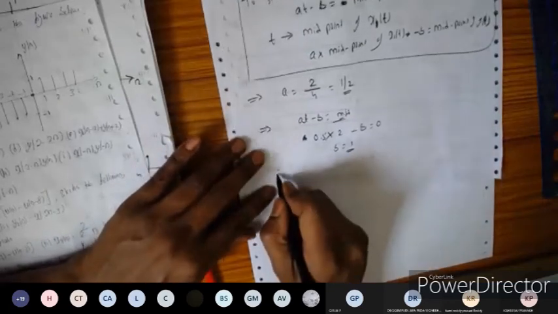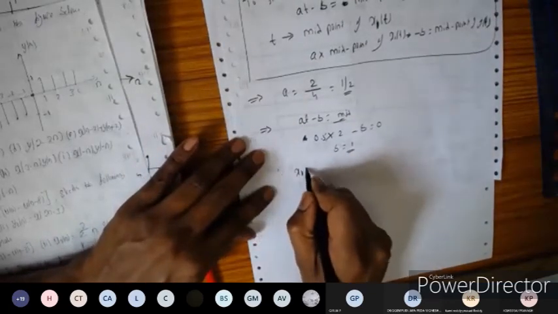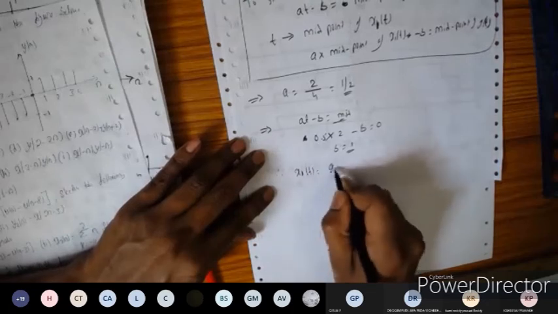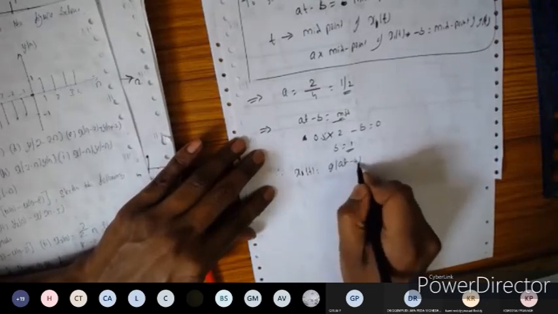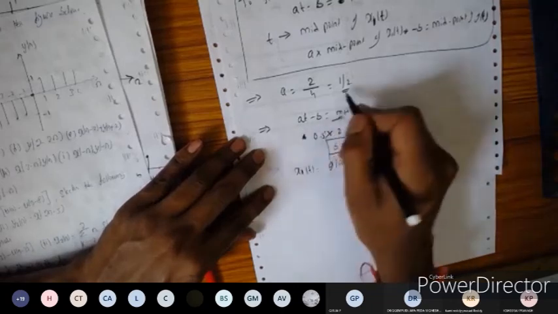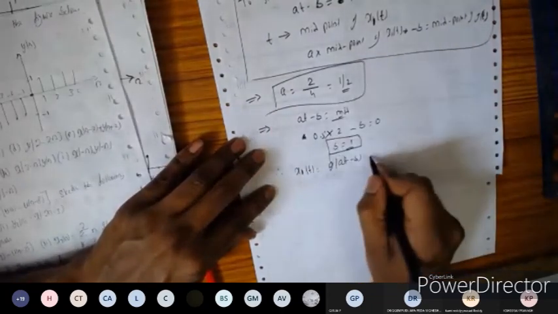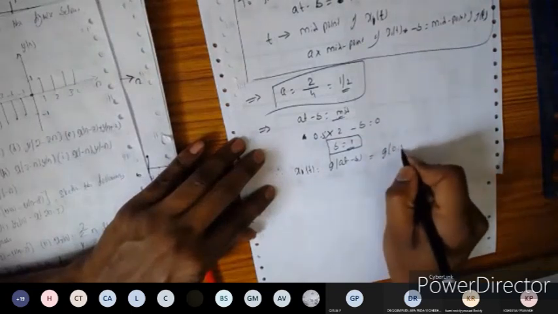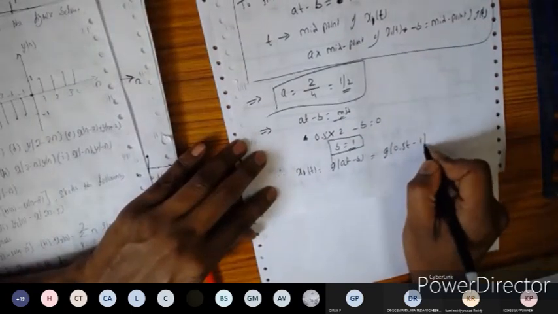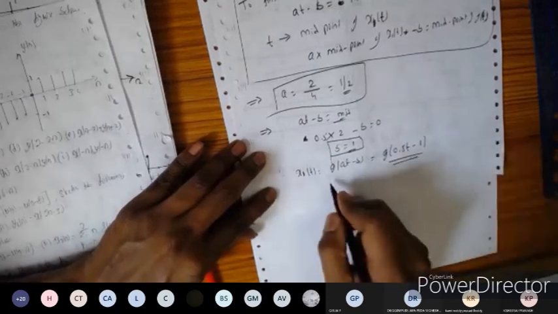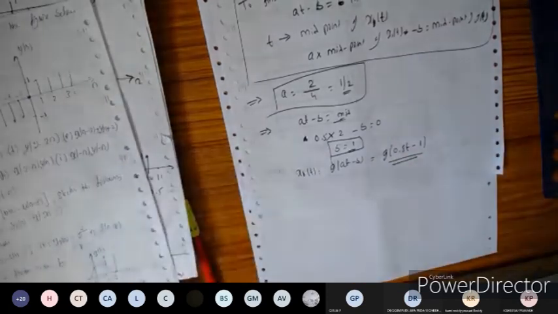Therefore the signal x1 of t can be given by g into a t minus b. The value of a we got as 0.5, so it is g into 0.5 into t minus 1. Done.